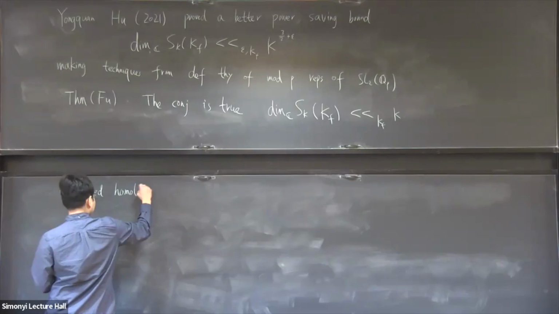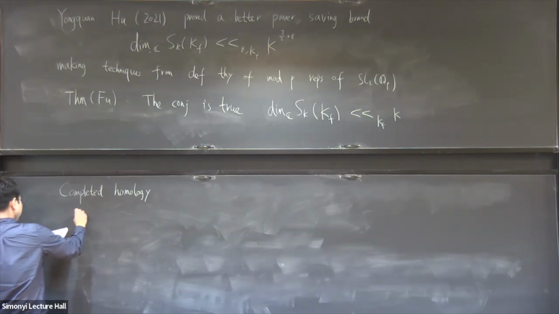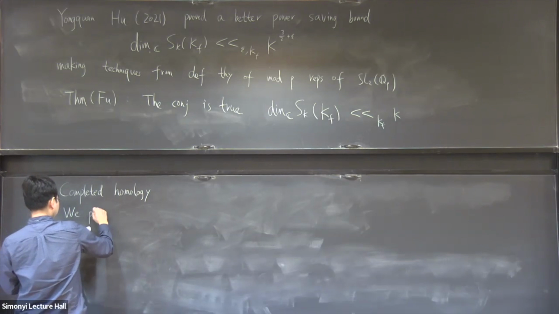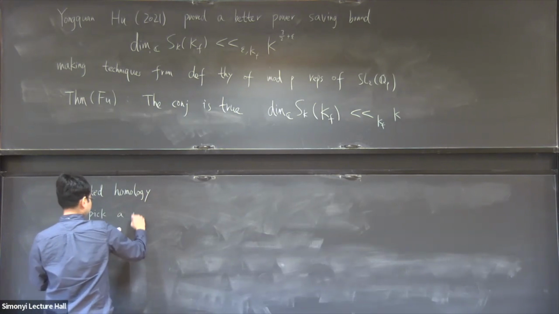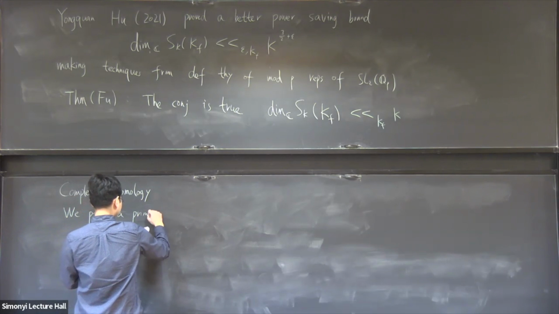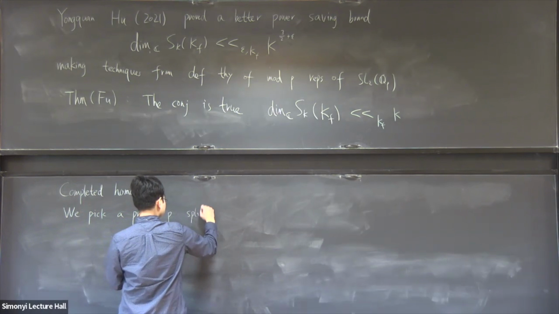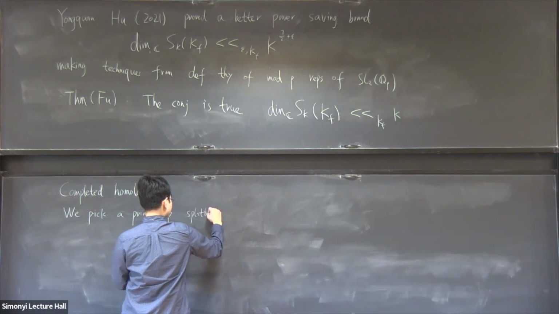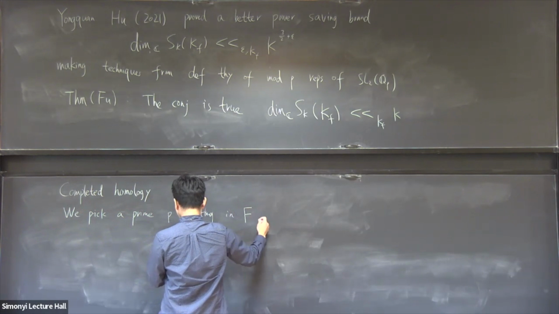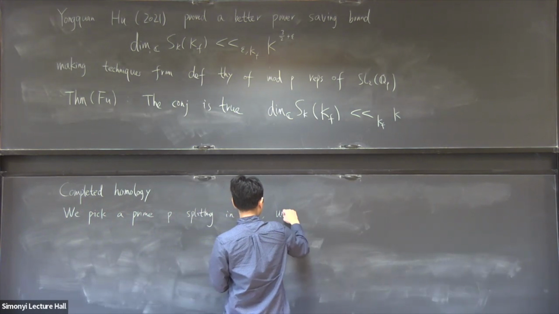So I will recall Emerton's completed homology. We pick a prime P which splits in F and is unramified in KF.